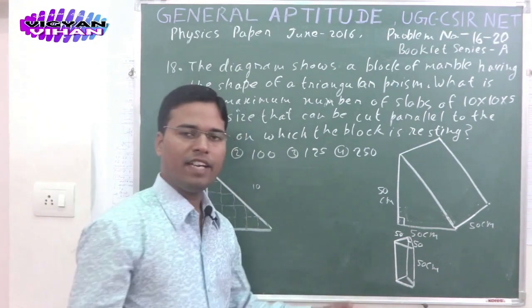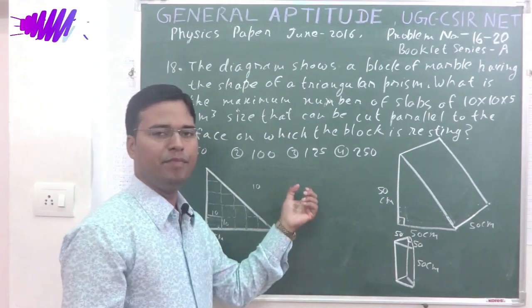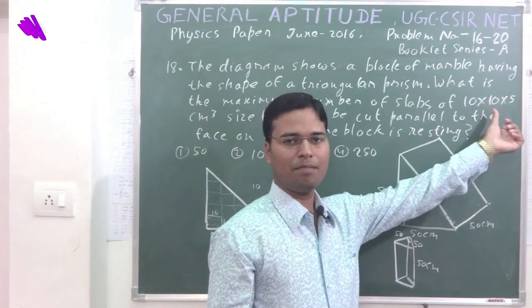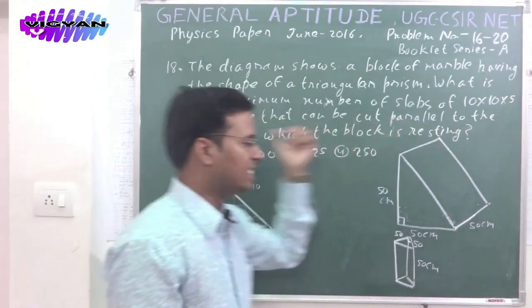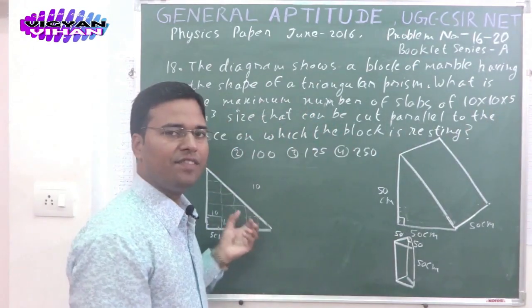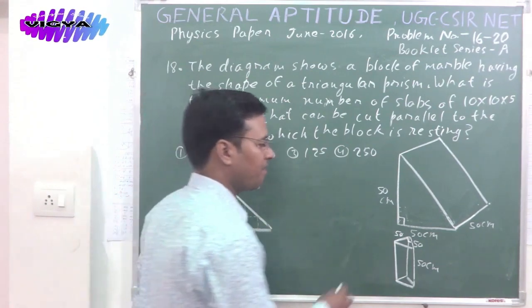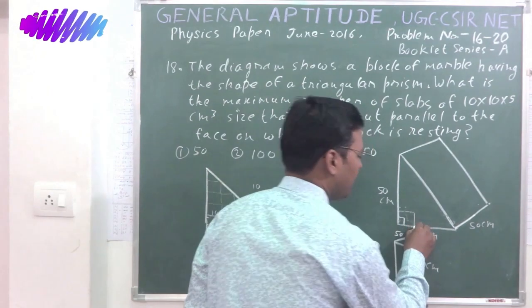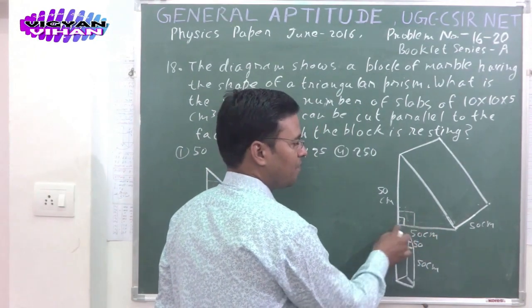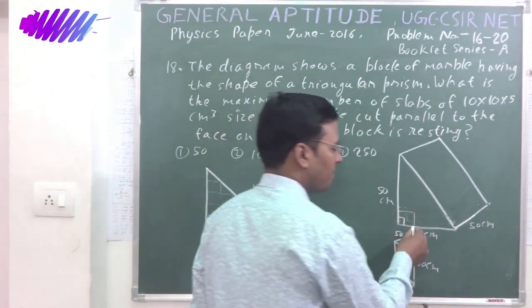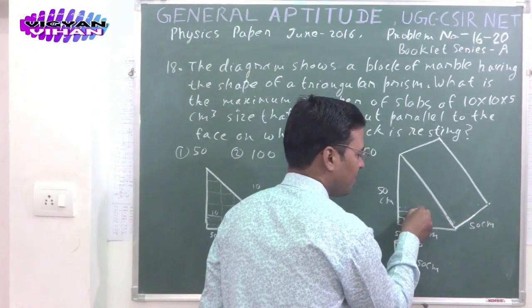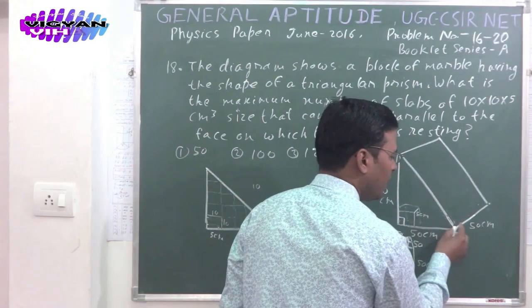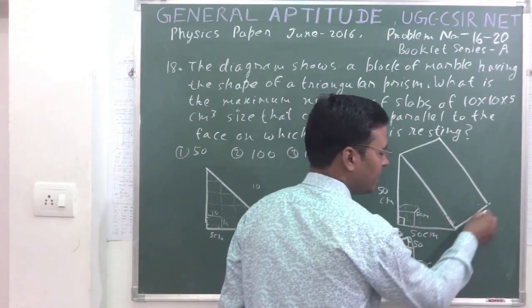Now we will calculate the number of maximum slabs which can be cut with dimensions 10 multiply 10 multiply 5 centimeter. We will cut those slabs such that the 10 by 10 dimensions will be cut from the triangular region, but its length, which is now 5 centimeter, will be cut from this dimension.